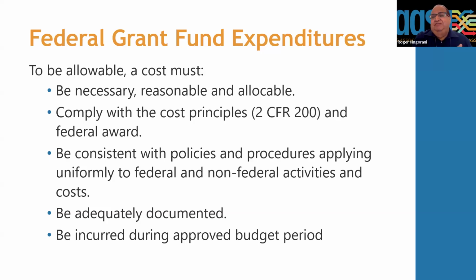You cannot have different policies when you're spending the money for your state or local funds versus the federal funds. You have to treat the cost exactly the same way you would treat all the expenditures. So you can't have different policies, paying something more from state funding versus less or more from a federal fund. So it has to be consistent.